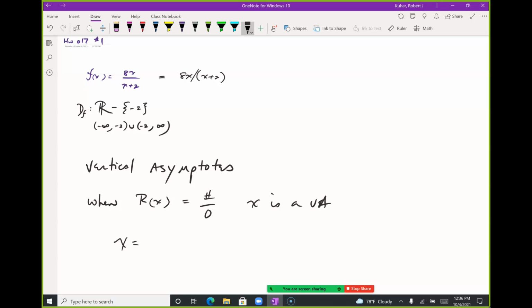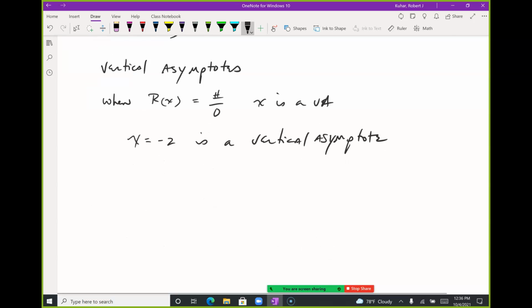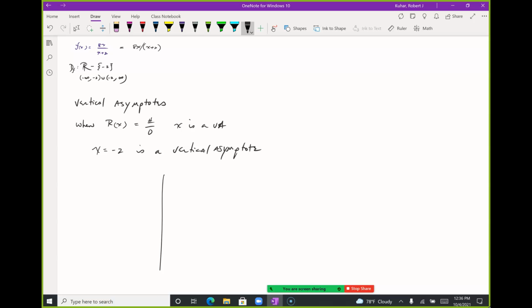So we know that x equals -2 is a vertical asymptote. What does that mean? That means there's no value on the graph at -2. So the graph will never hit or cross that vertical line.